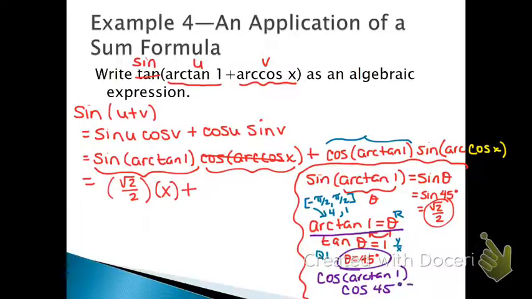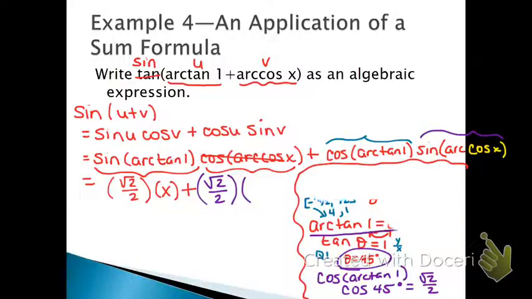So what is cosine of 45 degrees? So we're going to replace that with the square root of 2 over 2 times. Now, we got some work to do on this. Then we have the sine of the arc cosine of x, and I've got to erase this, so we have some room to work.